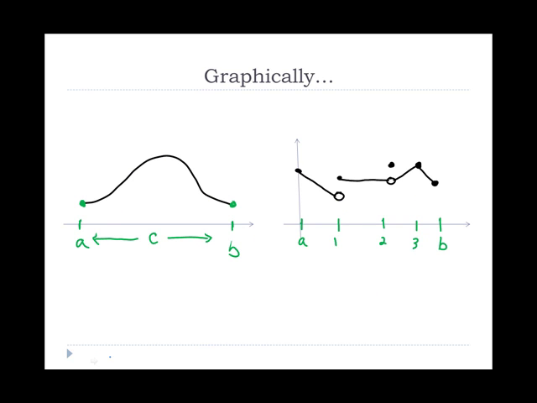So on our first two slides, I know that it looks pretty simple, continuous, because it looks it. But let's make sure that we can do the test. So if I ask you, is the function on the left continuous from A to B? So I'm only asking, is it continuous from A to B? Then first of all, no matter what I pick in between, any value, and so all those values we refer to as C, every C value has a limit.